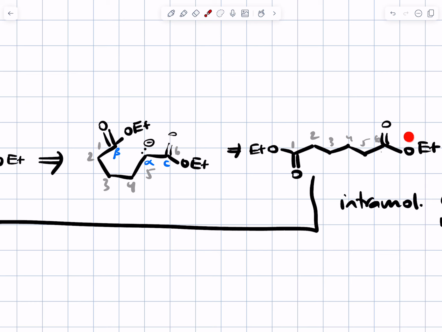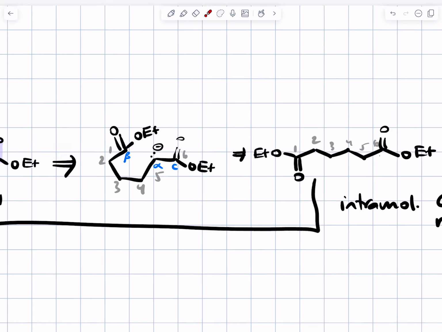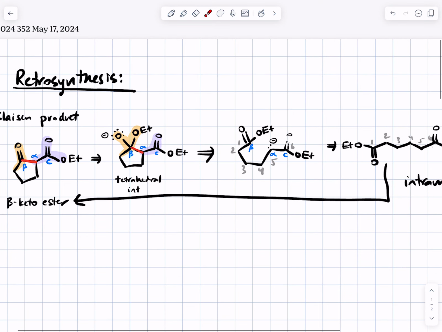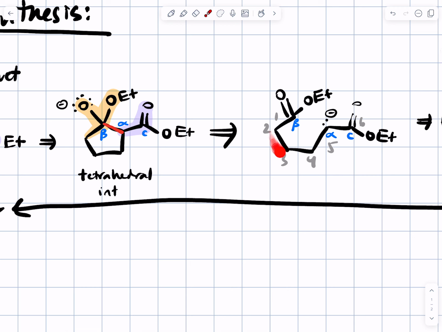For example, starting material to enolate: I have to deprotonate at the alpha carbon, right? And you know how to do proton transfer. In the same way, the arrows are the instructions for making the next product. For example, here I have an enolate and a tetrahedral intermediate.